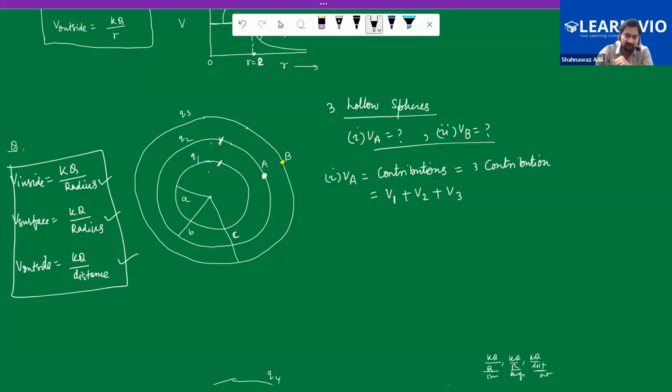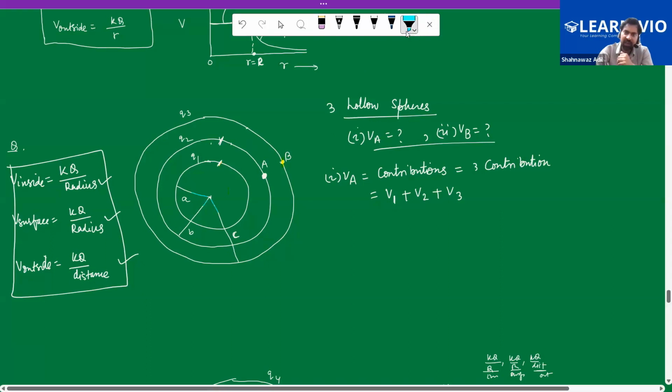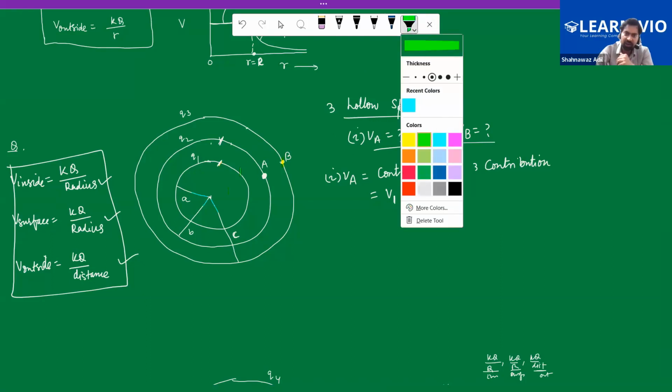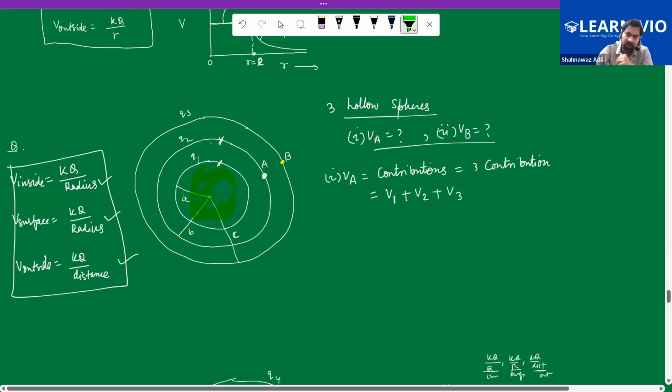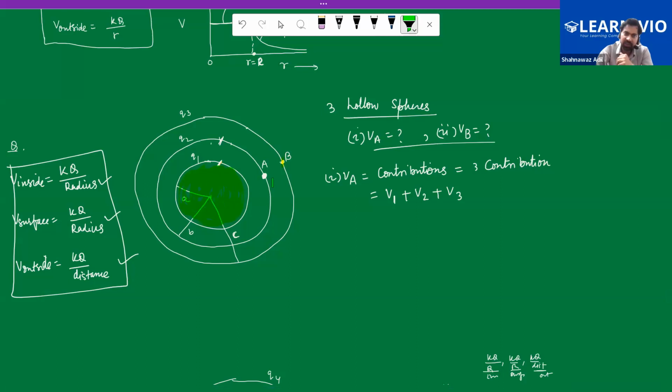For this sphere, is this point outside, inside, or what? Did you understand my question?